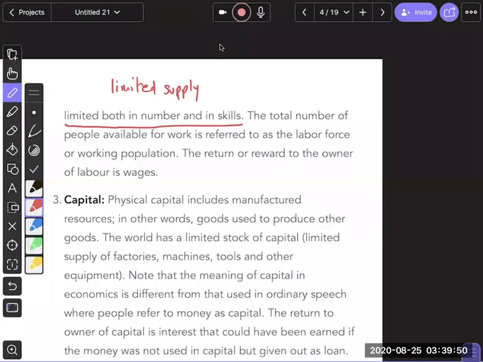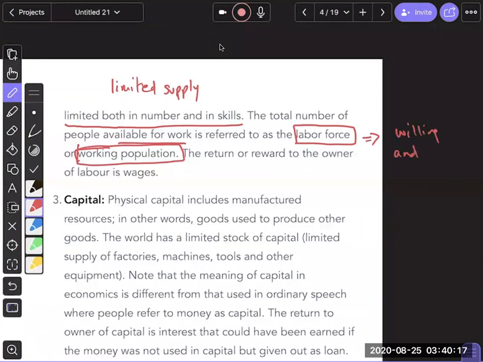And we also say that the total number of people available for work, we call it the labor force of a country, or working population of a country. It's an important term to remember for macro, but nonetheless, whenever somebody says labor force of a country, they mean all the people who are willing and able to work.